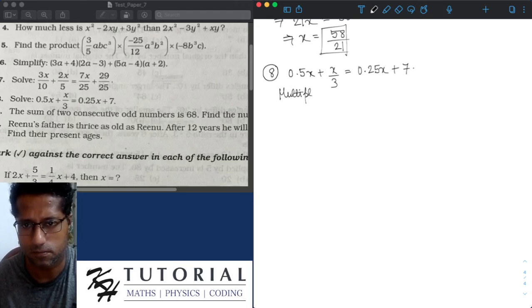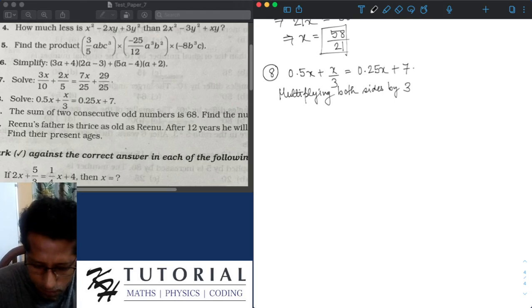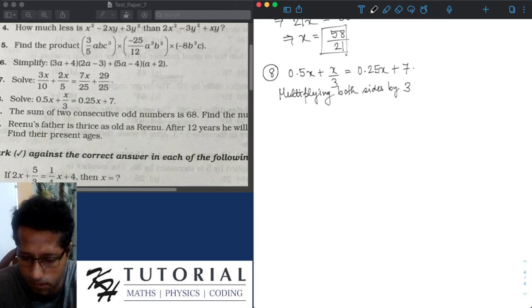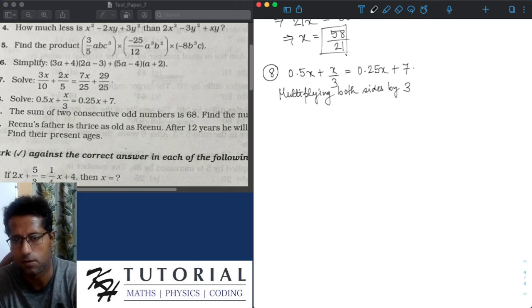Multiplying both sides. Another way, whenever you have a decimal number, either as a numerical coefficient of the variable term or as a constant term, you can multiply both the LHS and RHS with a power of 10, and that power will be the maximum number of decimal places in all the decimal constants or coefficients.